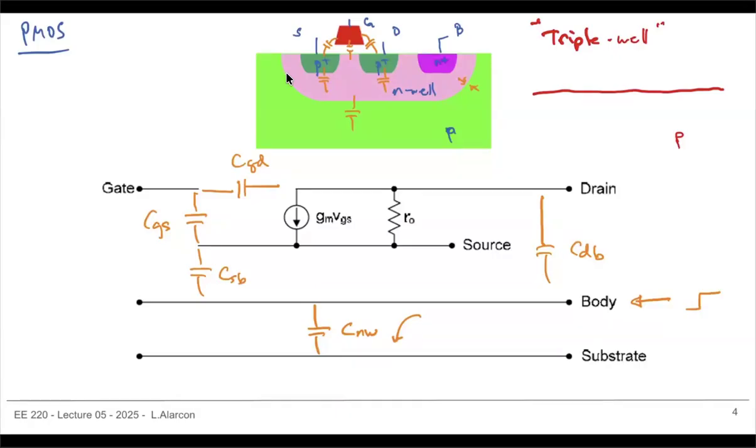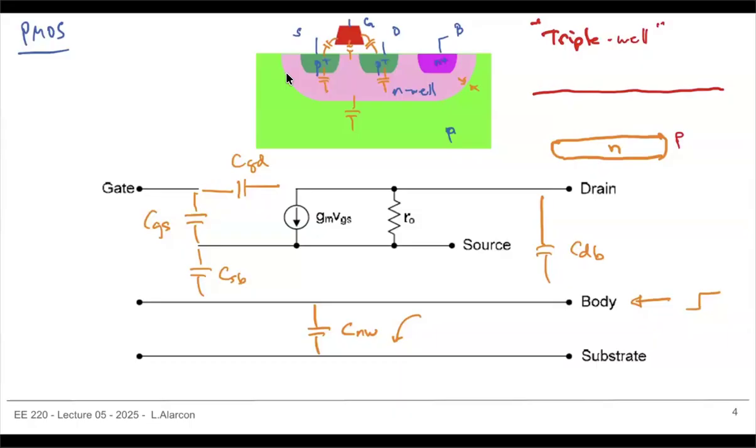Okay, so to be able to get isolated substrates for NMOS, in most cases you need what we call a deep N well. A deep N well is an N well that you can bury underneath. It's normally an N well, a deep N well, and that's the only real addition.